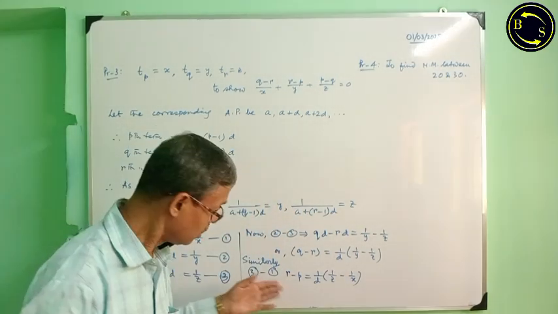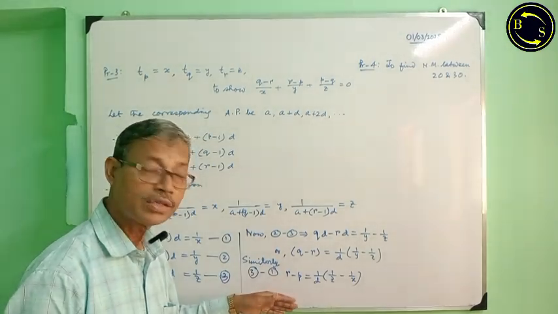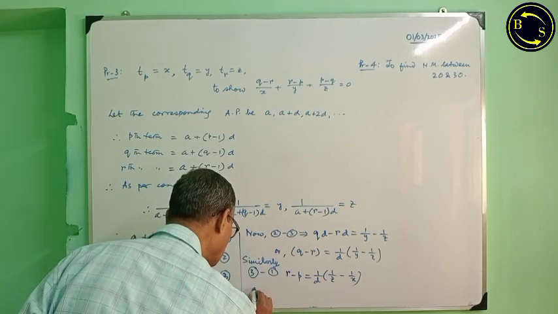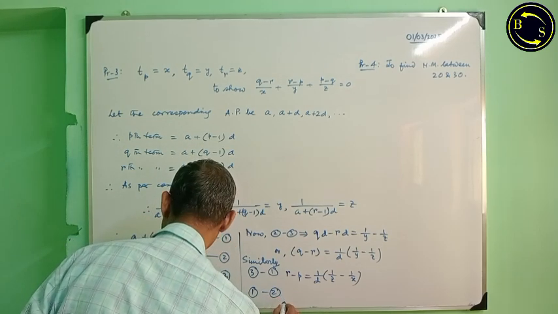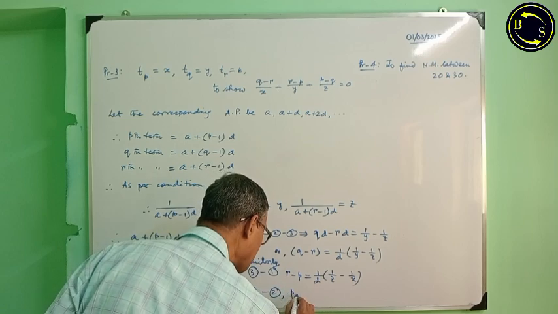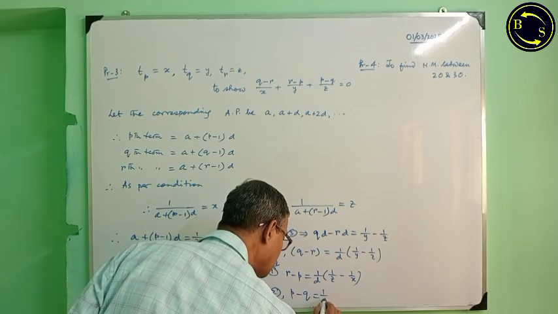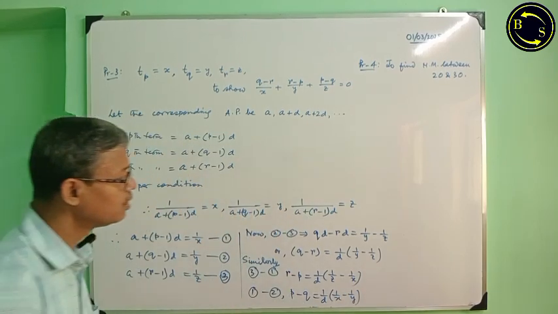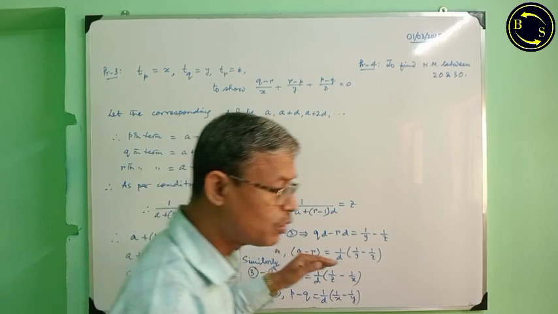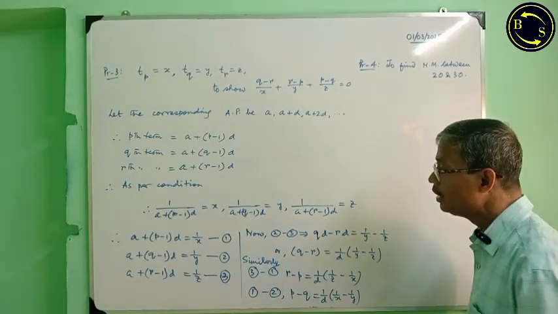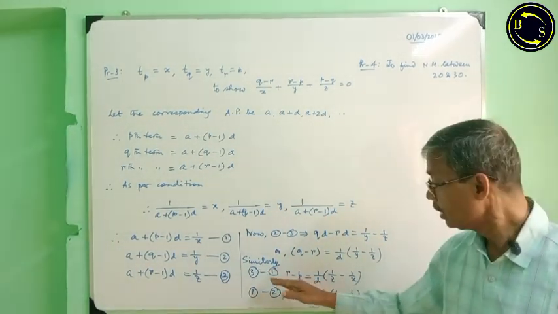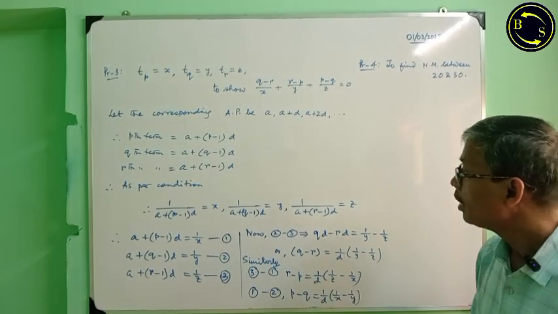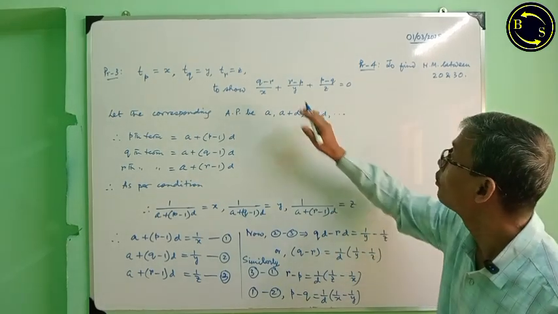Students, I suggest you calculate this one yourself. Then 1 minus 2, we shall get p minus q, 1 by d, (1 by x minus 1 by y). Actually, I use the first one, and after that you can use the process of similarity and write down this. Now, I put this on the left hand side.